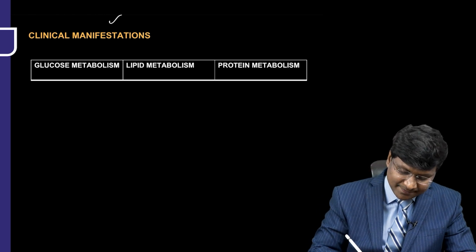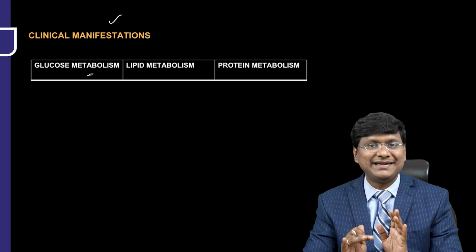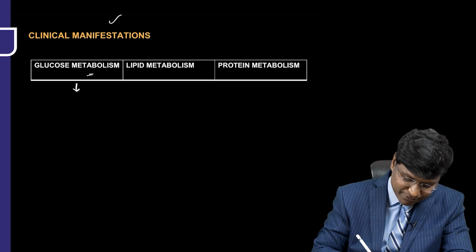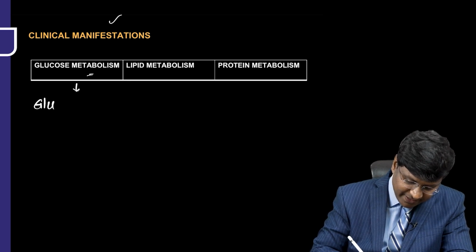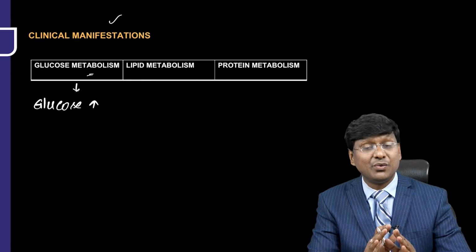Then, you need to know about the three important metabolisms. What will be the abnormalities in these three important metabolisms in Cushing's? First is the glucose metabolism. There will be hyperglycemia in patients with Cushing's. Why?